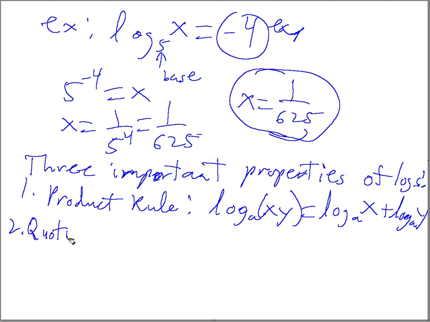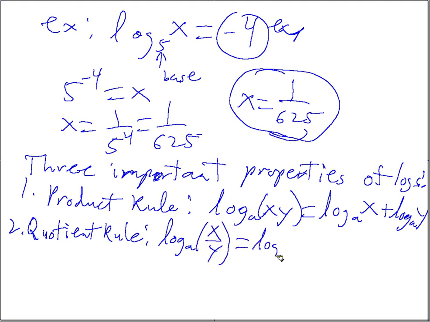Second one here, let's look at the quotient rule. We'll put these two rules in play in a moment in terms of an example. If you take the log of a quotient, x divided by y, then that's going to be the log base a of x minus the log base a of y.